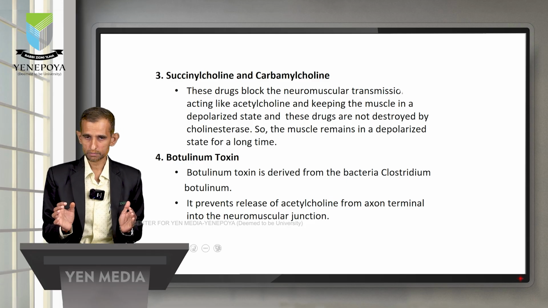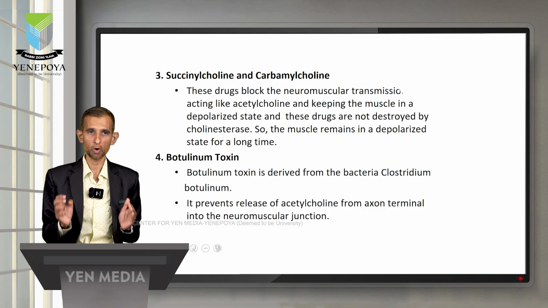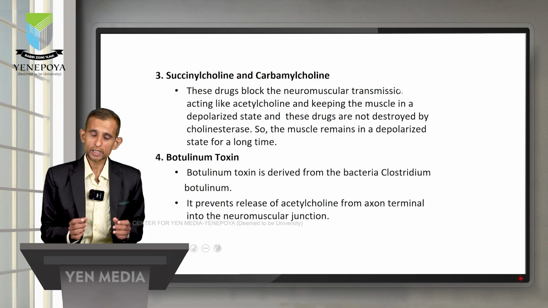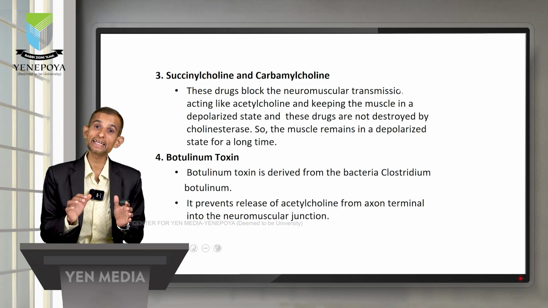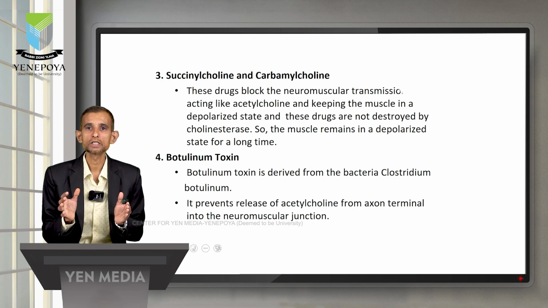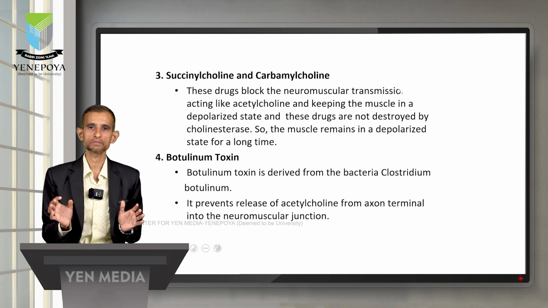And botulinum toxin is also a blocker. It is derived from the bacterium Clostridium botulinum. What will it do here? This drug will prevent the release of acetylcholine from the axon terminals.